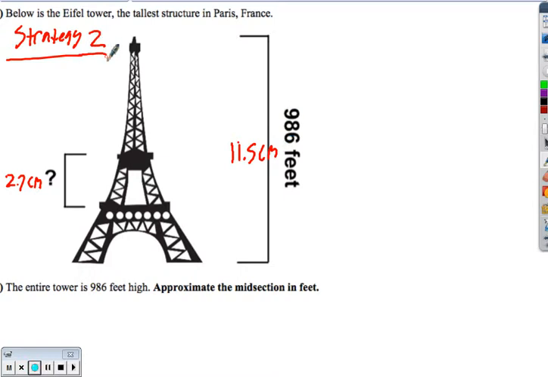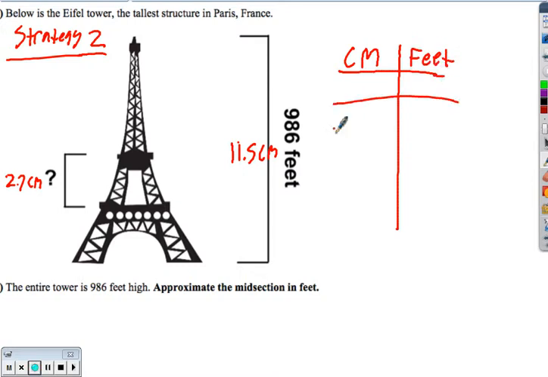Strategy number 2 would be using a ratio table. The two quantities we have in this problem are centimeters and feet. So we know from our measurement that 11.5 centimeters is proportional to 986 feet.